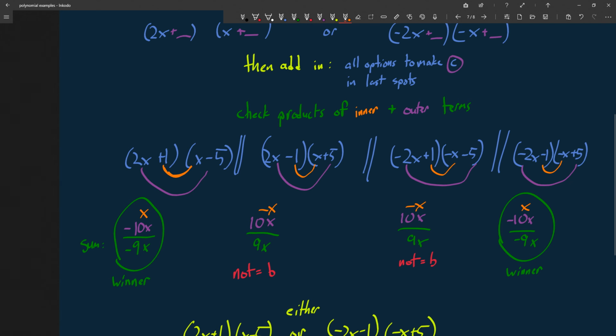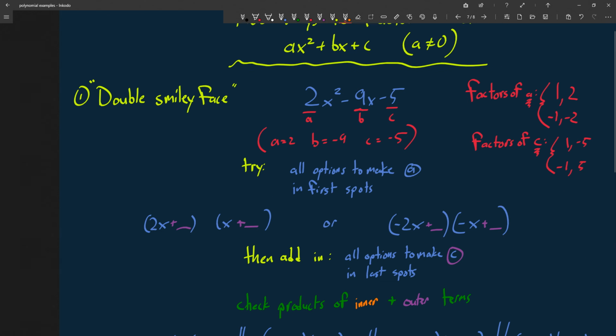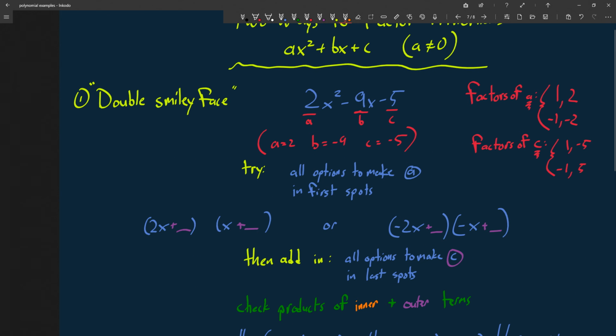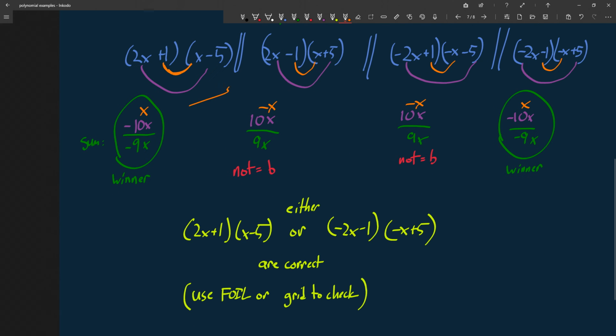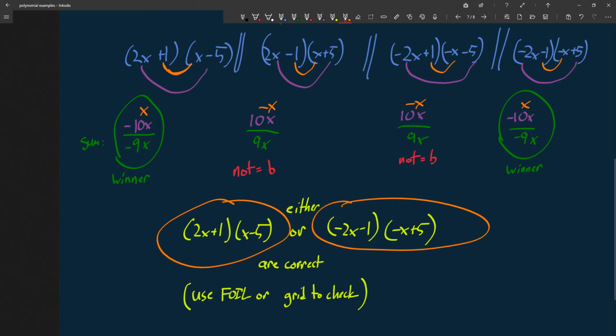Writing down their products, and taking the sum of them to see if they are equal to our initial bit. So our initial bit here was negative 9x. We want our answer to be negative 9x. So when we check, we get 2 that make positive 9x, which isn't right, and 2 that make negative 9x. So either this one or that one could be the right answer.